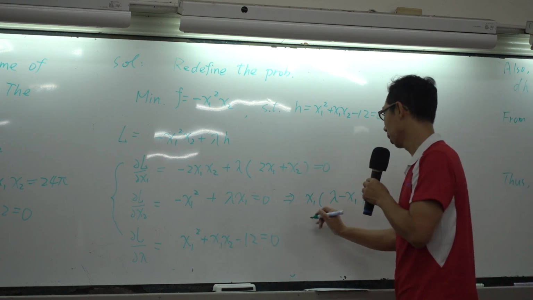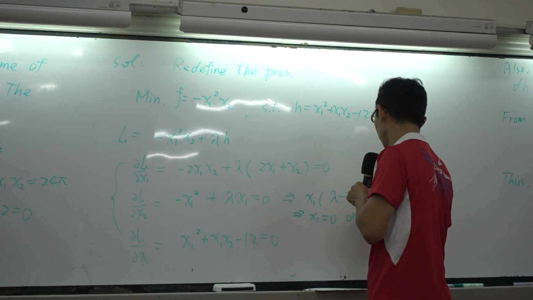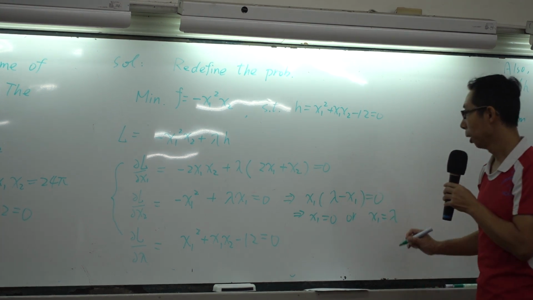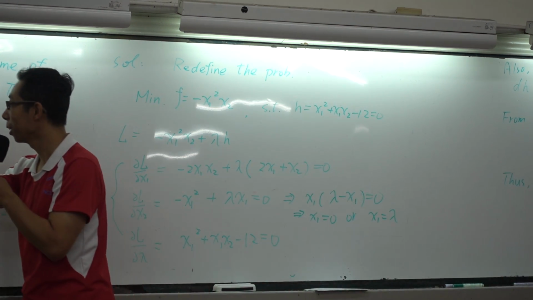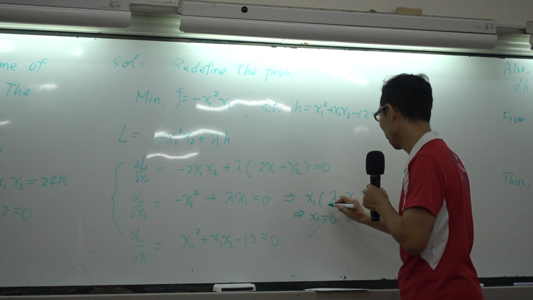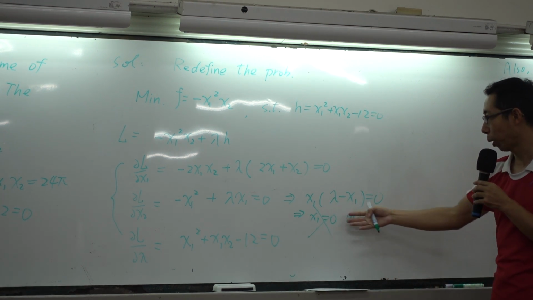So x1 equals 0 or x1 equals lambda. But if x1 equals 0, then what are we doing? Then it's nothing, so it doesn't really make sense. So we can discard that possibility.